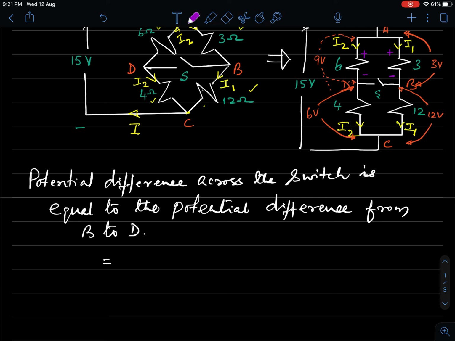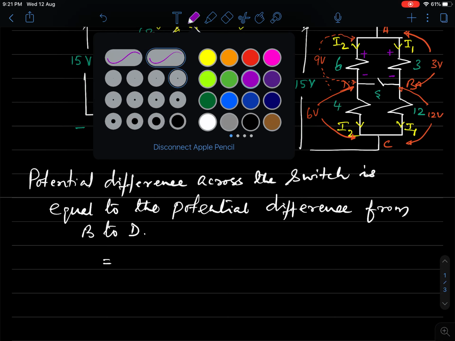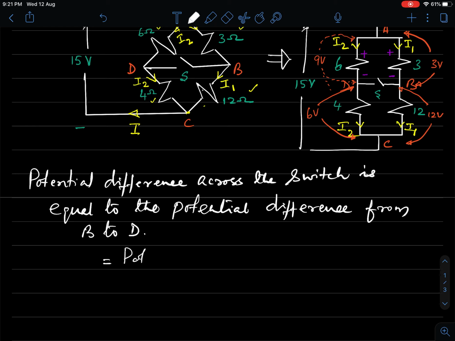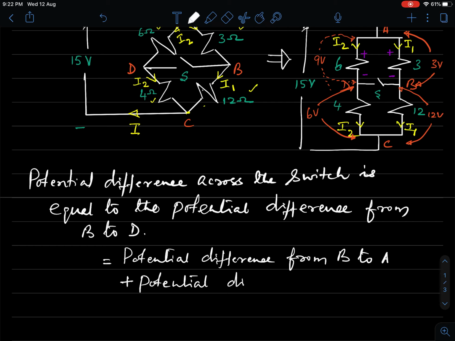If we go from B to A, it is the potential difference from B to A, and plus we will go from A to D, the potential difference from A to D. You can even go from B to C, C to D. That will also give the same result.